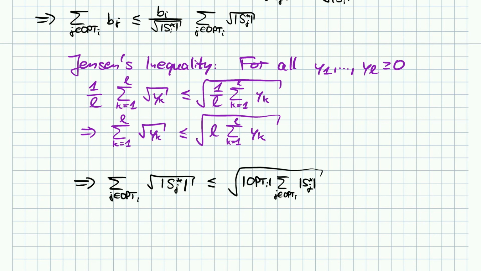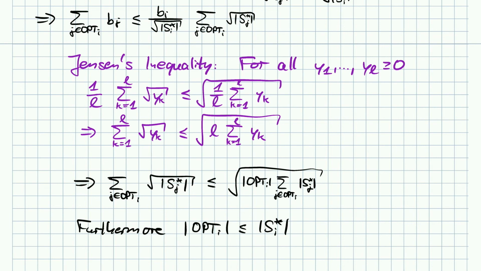Good. Moreover, the size of Si star is at least the cardinality of opt-i. Why that? Because, and this is actually an inequality that we used before, but let me once again make the argument.